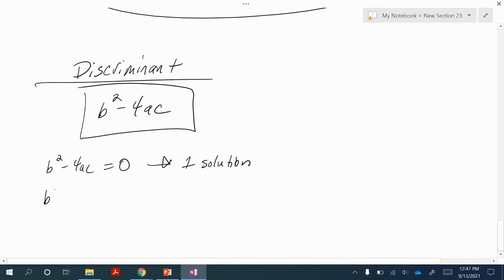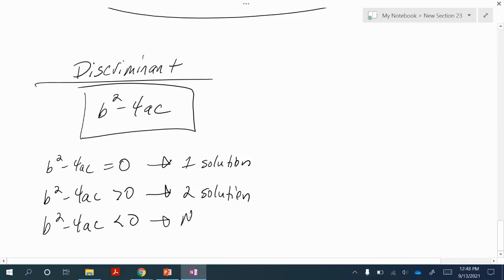If the discriminant b squared minus 4ac is positive, so greater than 0 simply means positive, that means you will have two solutions when you solve your quadratic equation. And the third setup, if b squared minus 4ac is negative, so anytime you see less than 0, that simply means negative, then you have no real solutions.